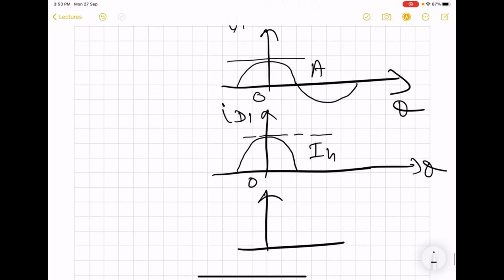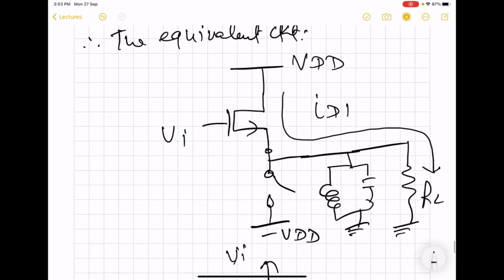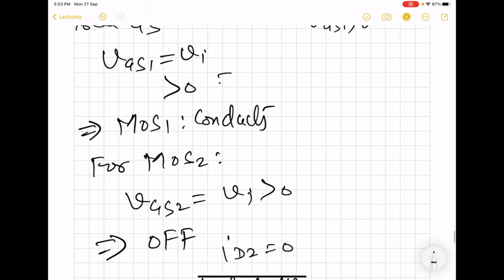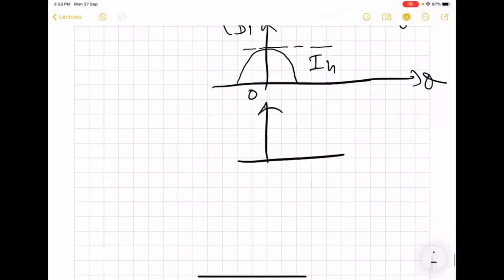And there is of course no ID2. ID2 is equal to 0. So for the first half, ID1 is a half wave. So this is going to be 0 during the first half.